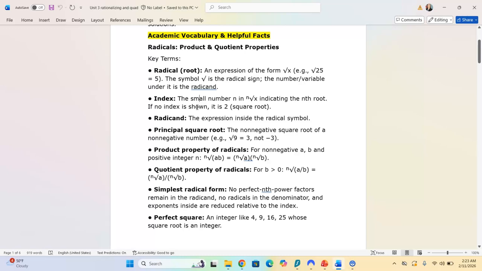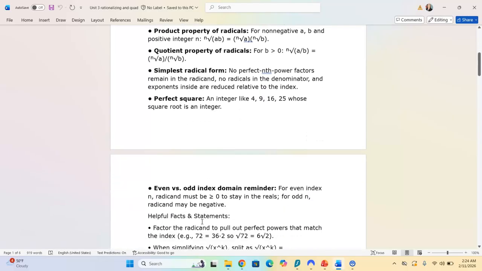Typically, you won't see this vocabulary used too often outside of radical or square root. You will see down here simple radical form or perfect square. Perfect square is used quite often, so just pay attention to those ones that are going to be in your problem. The way you can do that is, again, having this printed as you work those problems.